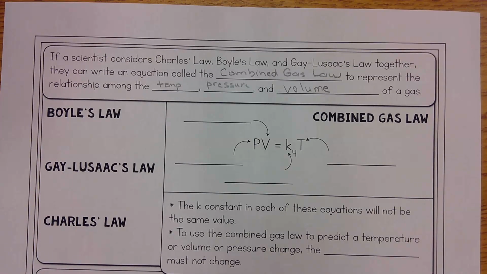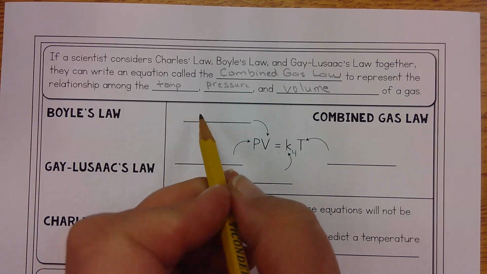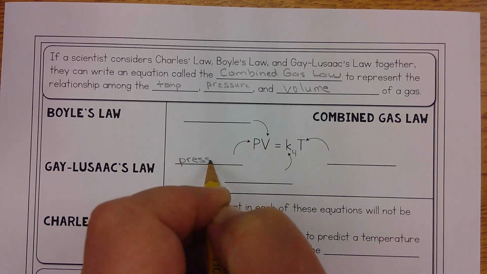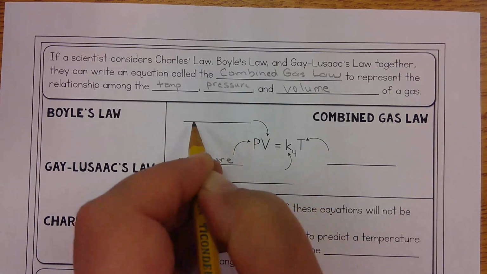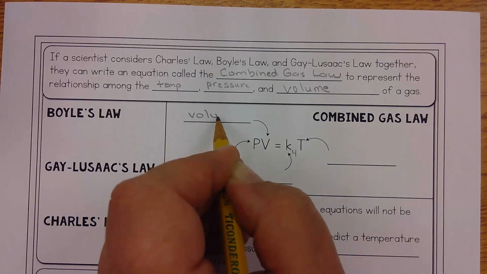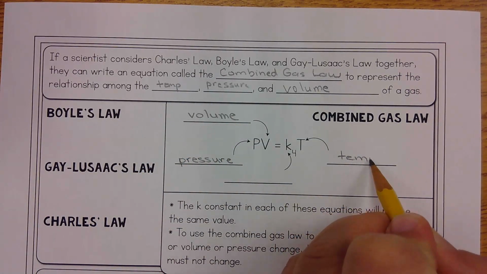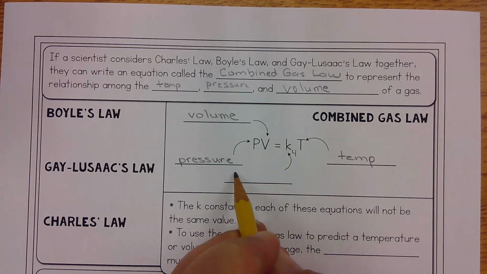So basically, the combined gas law looks a little bit like this, where P, as before, is the pressure, V is the volume, T then is obviously the temperature, and K is a constant.